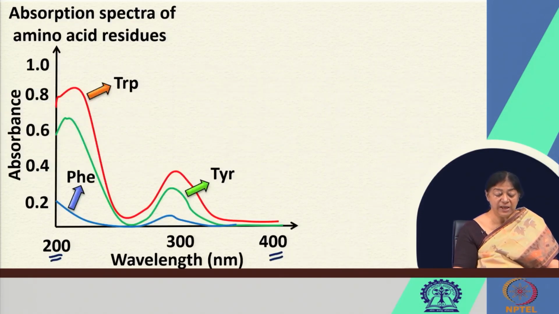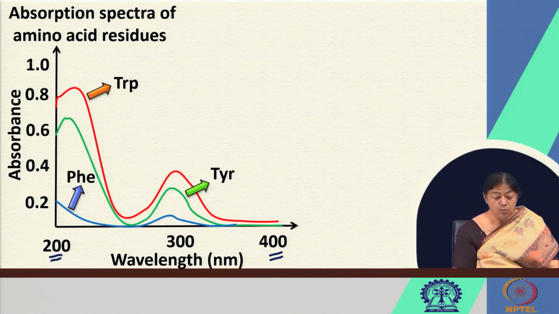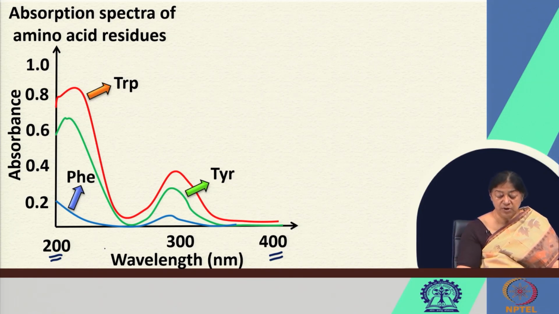Why do we want to do that? We want to see whether we get any specific absorption due to the scanning. What do we see? Yes, we do have absorption associated with the scanning from 200 to 400 nanometer, and we see an absorption around this region. What do we mean by the absorption?